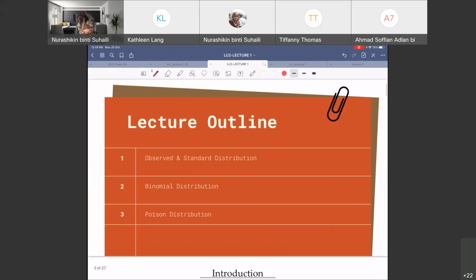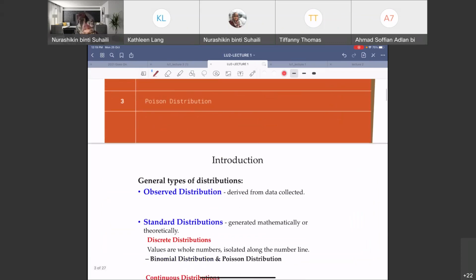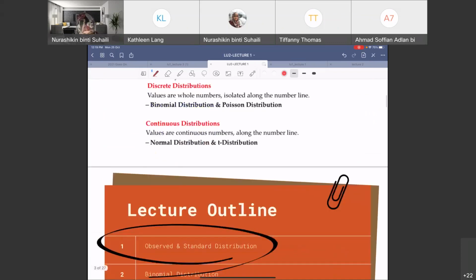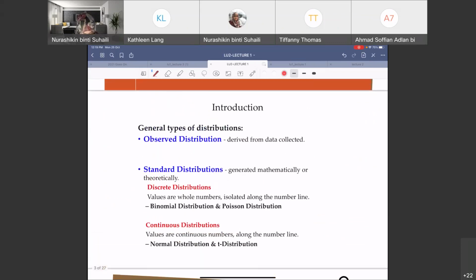Under this lecture, we're going to cover observed and standard distribution. The second part is binomial distribution, and the third part is Poisson distribution. First, let's have a look at some introduction. What is meant by observed distribution and standard distribution? Observed distribution is what is derived from the data collected.